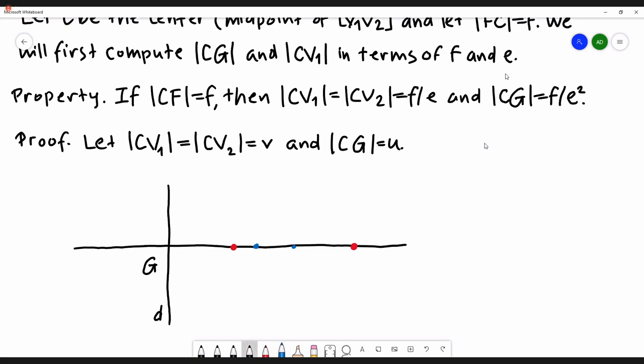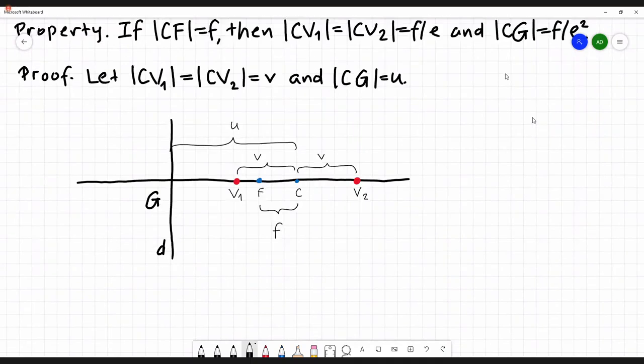So focus, center, V2, V1. Now we call these distances V. And the distance between directrix and center, U. And our basis is the distance between center and focus, and we have called this distance F.